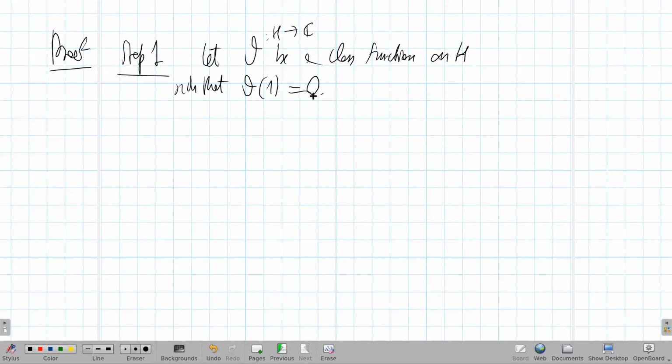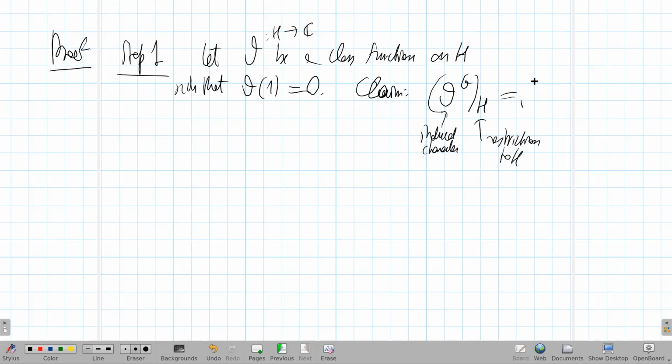Then the claim we are going to prove in this step is that if you take the induced character, which will be recalled in a second, and then you restrict, this is the restriction to H, the usual restriction map, then this is just theta. In other words, if you consider the values of the induced character over H, it's the same values as theta.